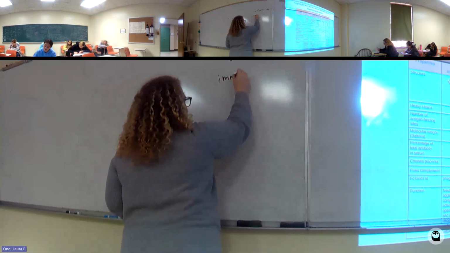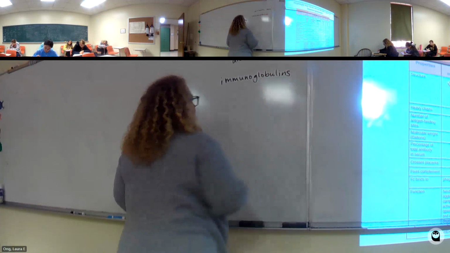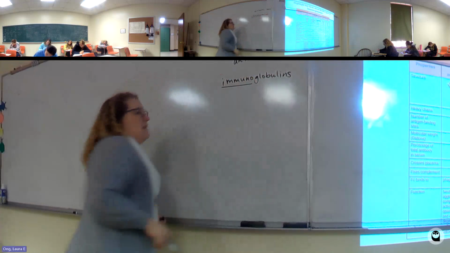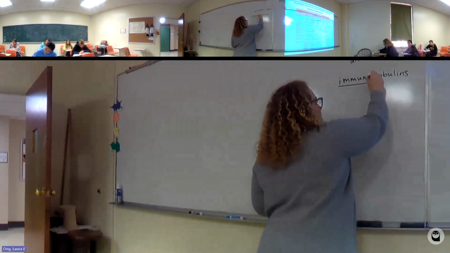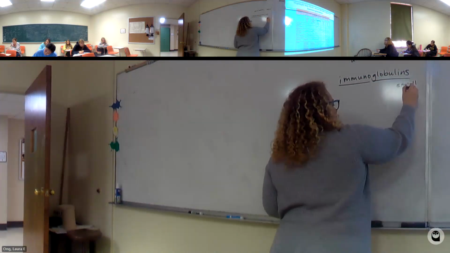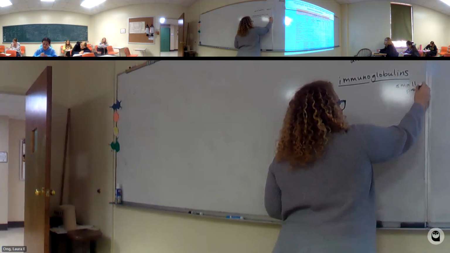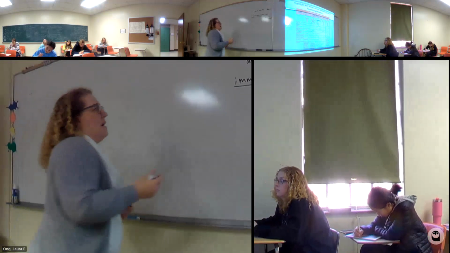So immunoglobulins. And this part means that they have something to do with the immune system, and this part means that they are a small protein. So together, they're called immunoglobulins.